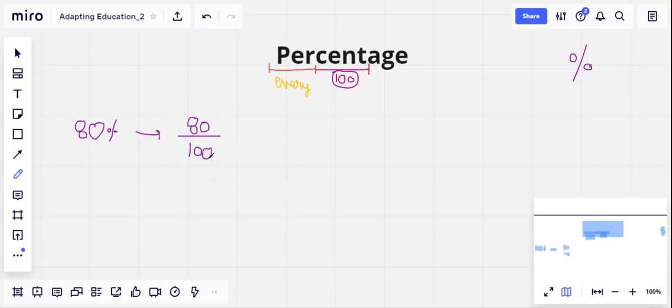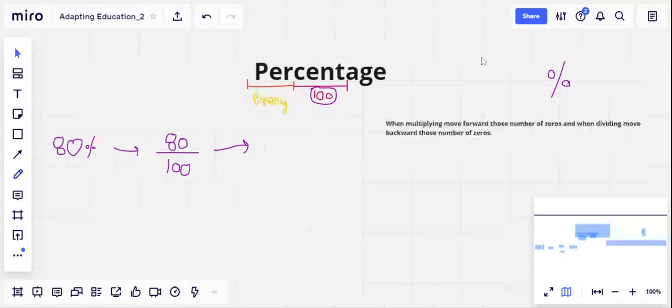Now we are going to convert this fraction into a decimal. If you remember, in the previous video I had also shown you that when multiplying, we move forward those number of zeros.